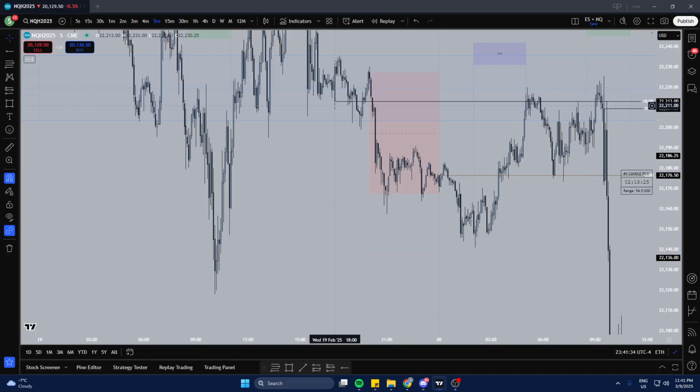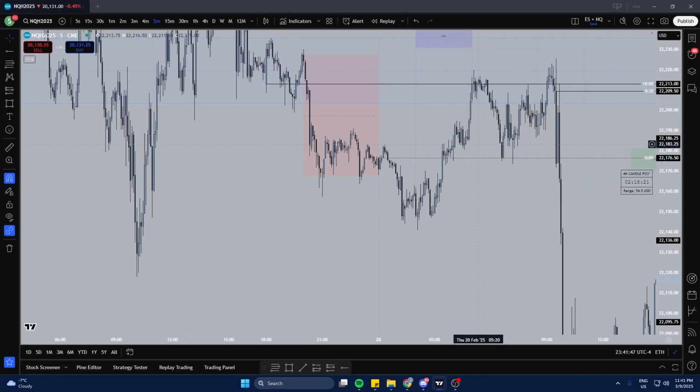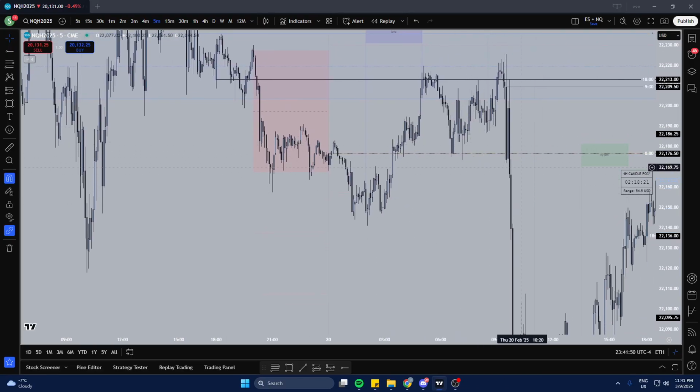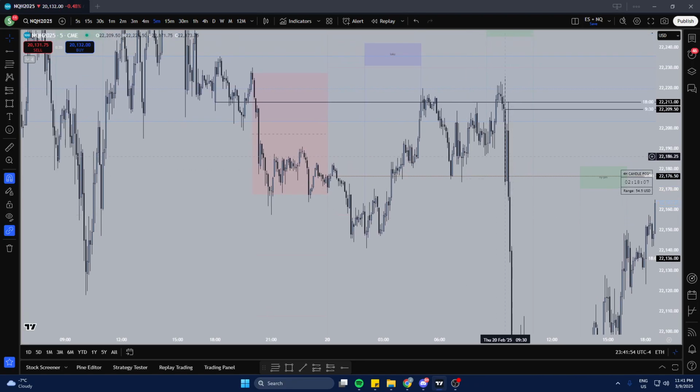Key opens. The key opens that I use are 1800, the start of the new day, and the midnight open. When there is a high impact news day like CPI or NFP, I use 8:30.